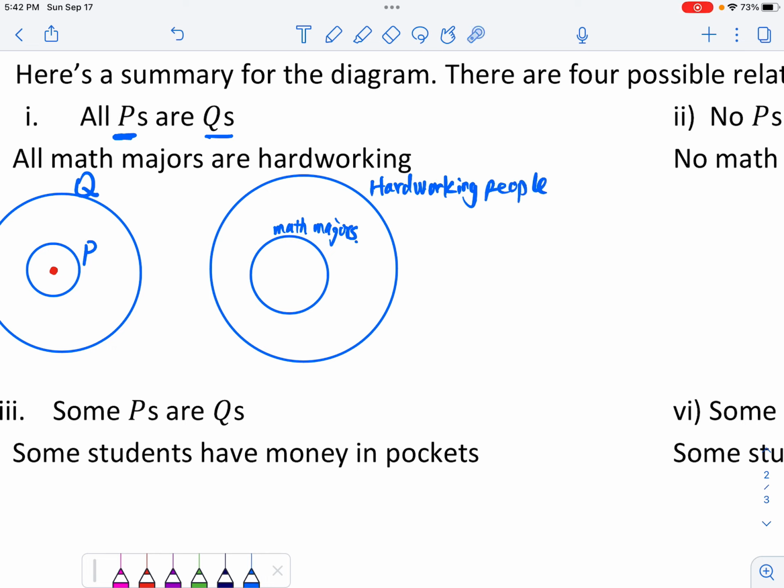Then to represent all math majors are hardworking, I draw a dot. This dot represents an arbitrarily chosen but particular element, a student inside these sets. We can see that this dot is inside the hardworking set. Therefore, all math majors are hardworking people.